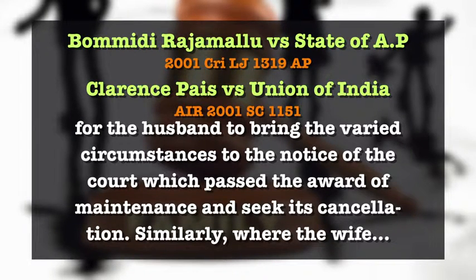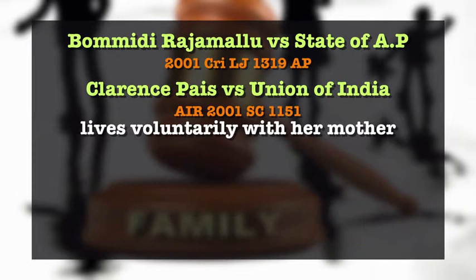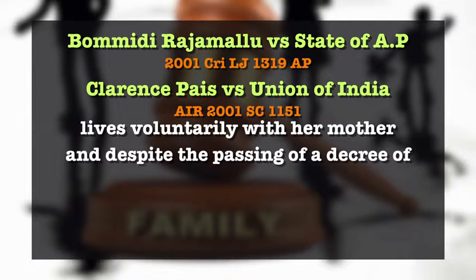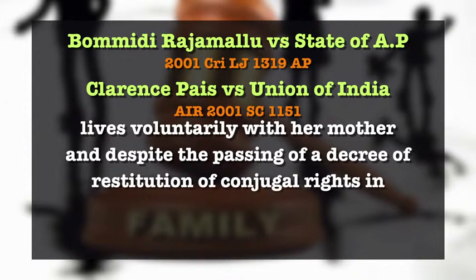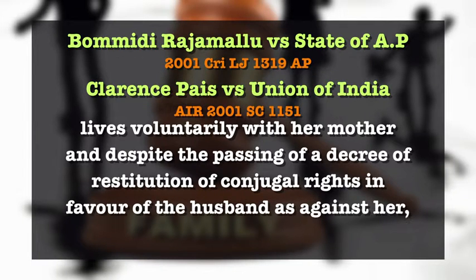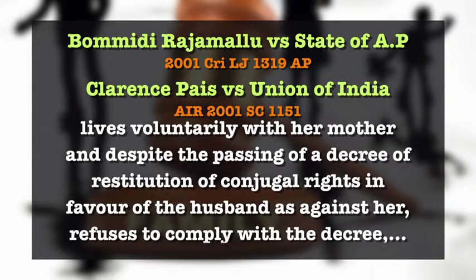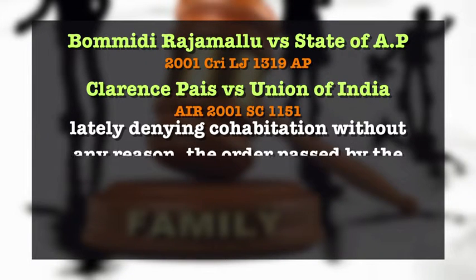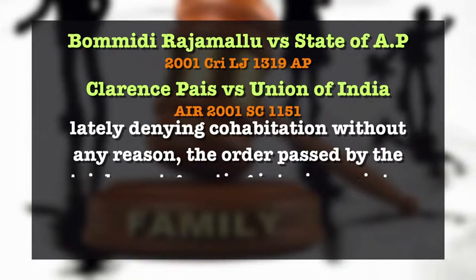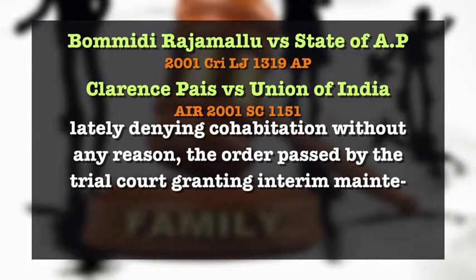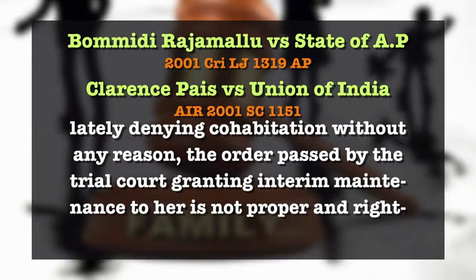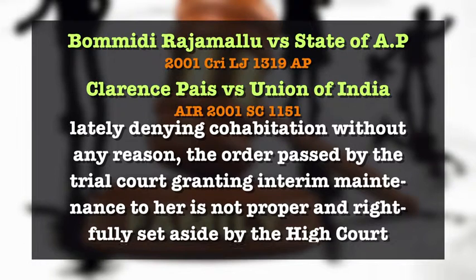Similarly, where the wife lives voluntarily with her mother and despite the passing of a decree of restitution of conjugal rights in favor of the husband as against her, refuses to comply with the decree, later denying cohabitation without any reason, the order passed by the trial court granting interim maintenance to her is not proper and was rightfully set aside by the High Court.